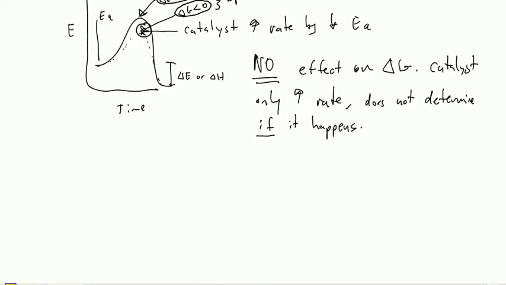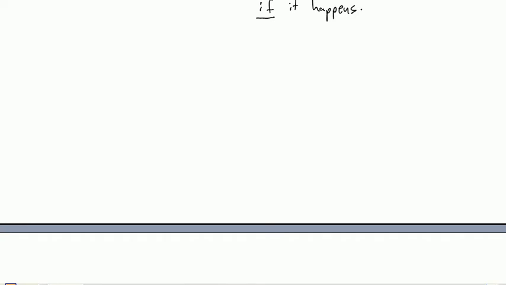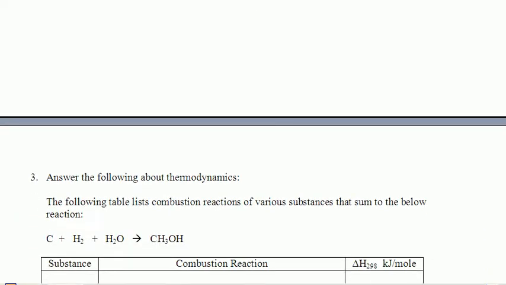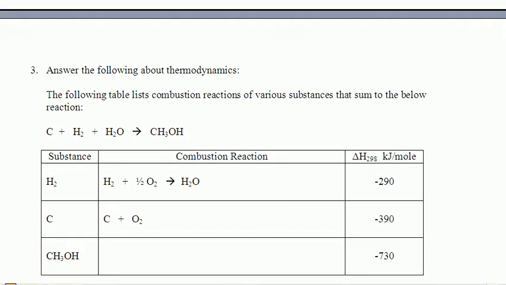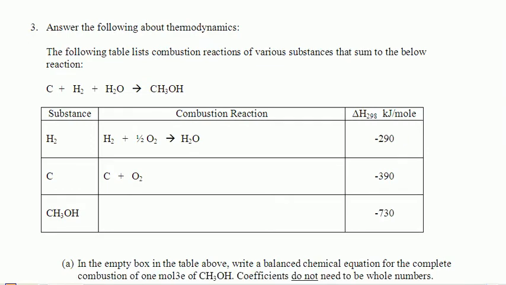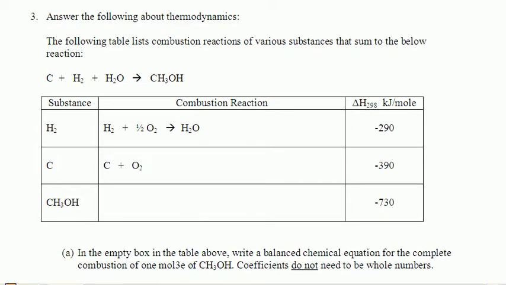Moving on to the last free response problem, I believe that's free response problem number 3. It says ask the following questions about thermodynamics. Okay, we're going to move through this problem in a stepwise fashion. The following table lists combustion reactions of various substances that sum to the below reaction. So, what we have here are steps.